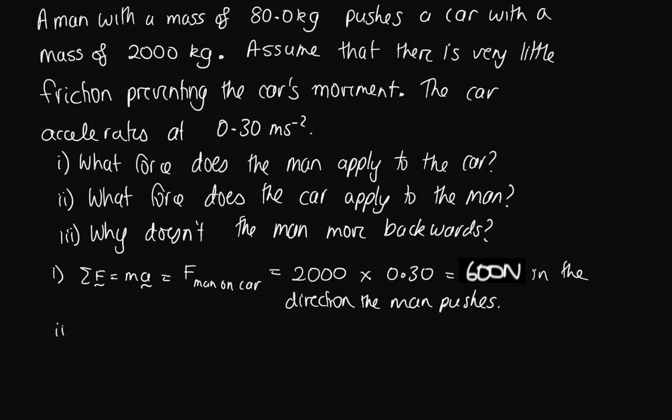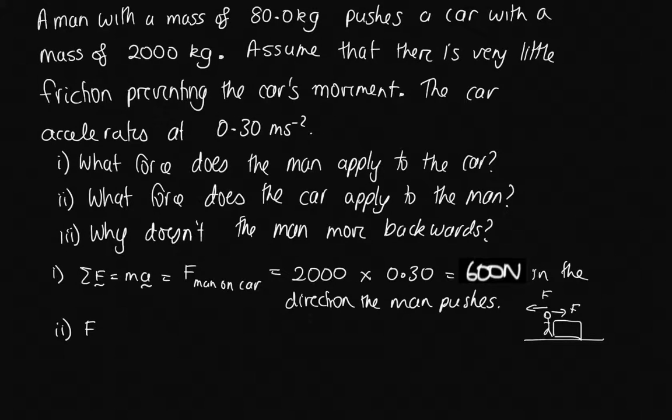So now in part 2, it asks, well, what force does the car apply to the man? So when the man pushes on the car, Newton's third law tells us that the car is going to push on the man with an equal and opposite force. So we could draw a little diagram here. Here's our man, here's our car. When the man pushes on the car with this force, then the car pushes on the man with the same force, same magnitude, but in the opposite direction.